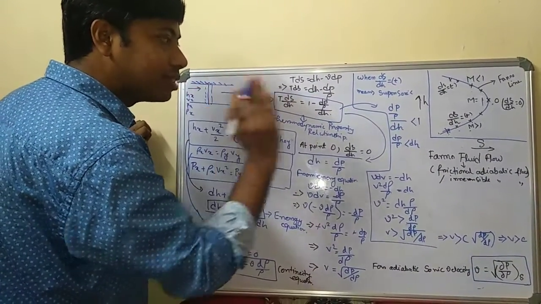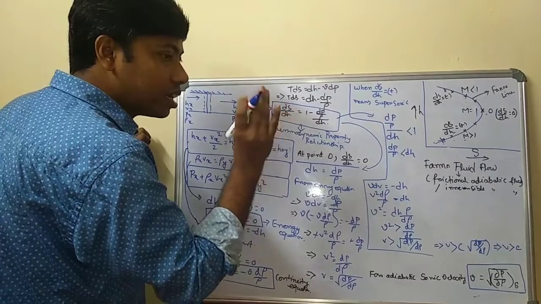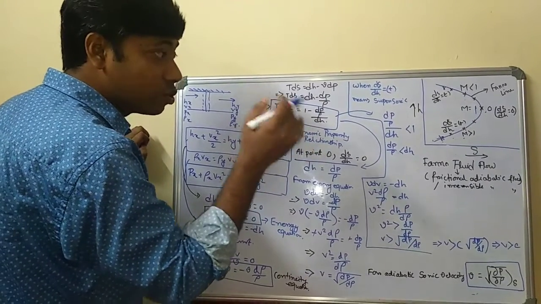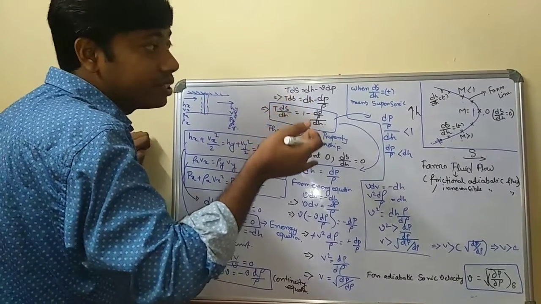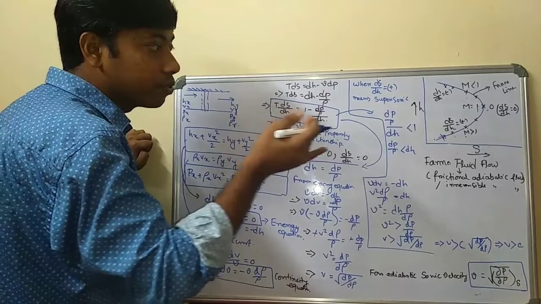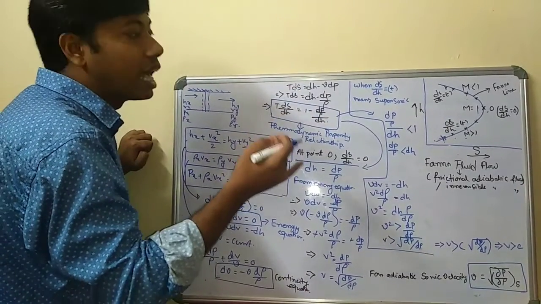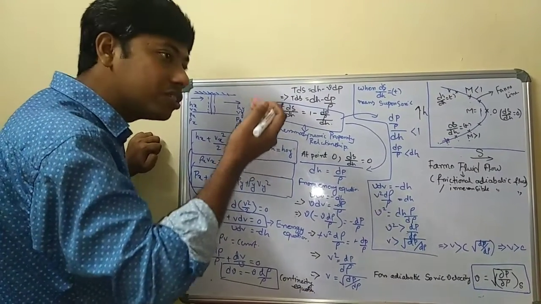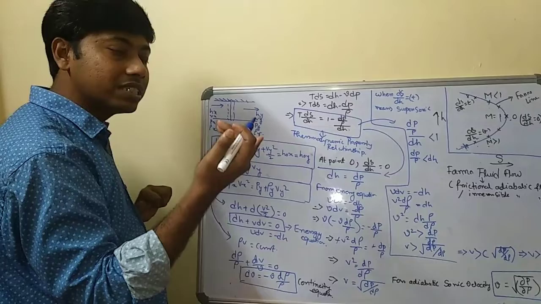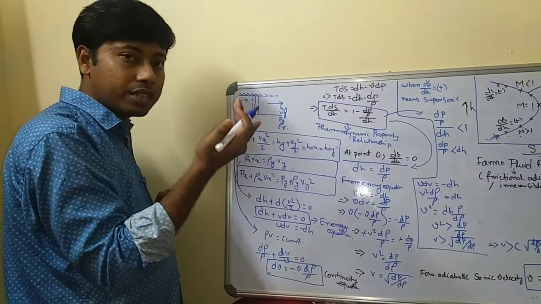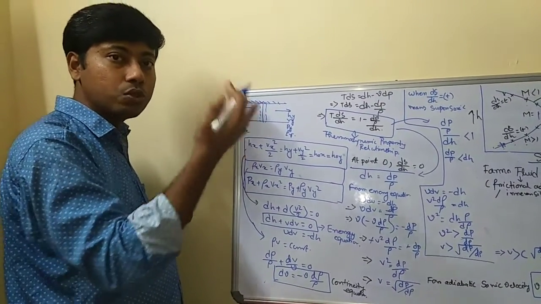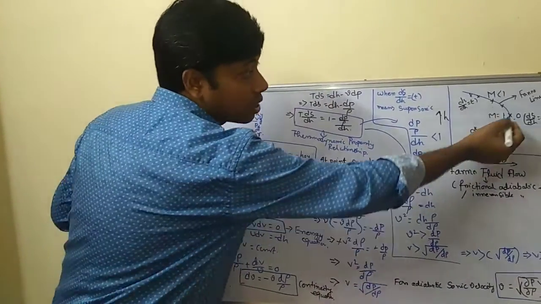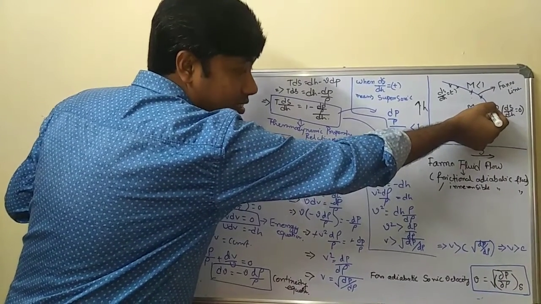When it flows along the duct, the friction increases throughout the duct, which means the velocity is decreased. If the fluid velocity is decreased, that means the fluid is transformed from supersonic to sonic velocity. That's why it reaches up to this point.